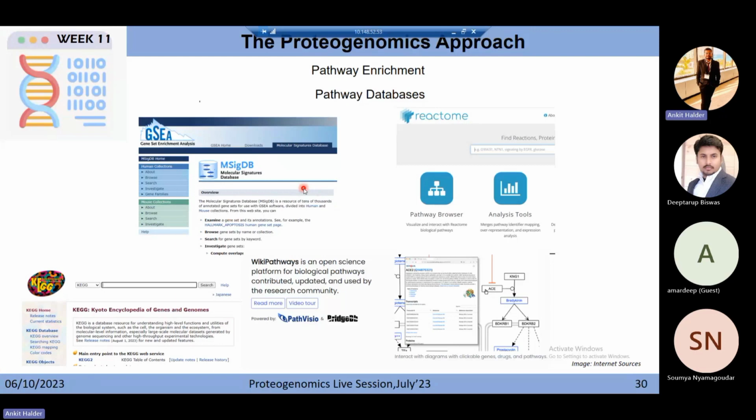In overrepresentation analysis, we check whether a certain set of upregulated or downregulated genes is present in particular pathways, and how much, which defines whether a pathway is over-represented or not.